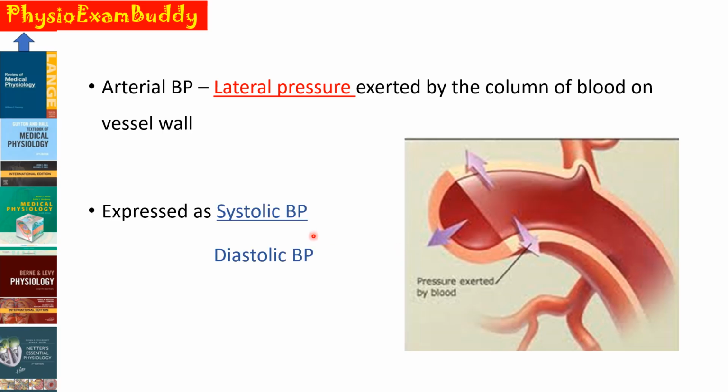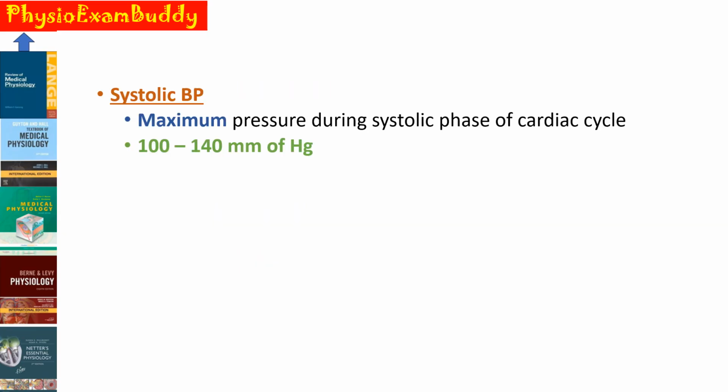And it is expressed as systolic by diastolic BP, and the unit of blood pressure is millimeters of mercury. And what is this systolic BP? You have to explain that it is the maximum pressure during the systolic phase of the cardiac cycle, and the value lies between 100 to 140 millimeters of mercury.